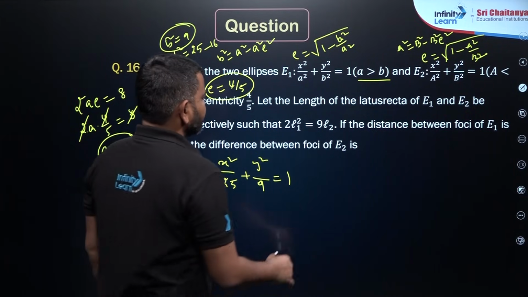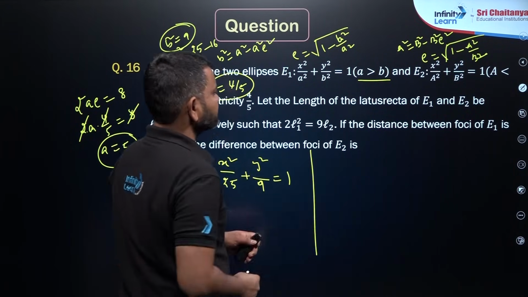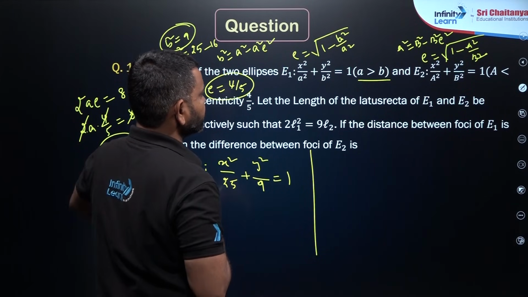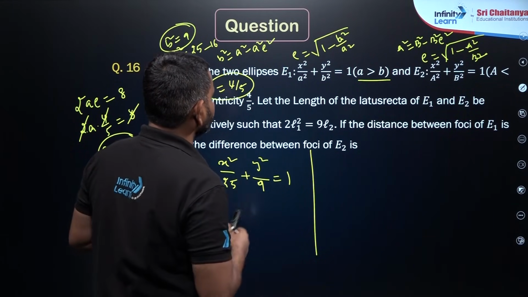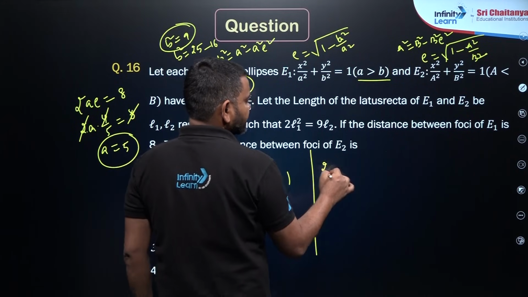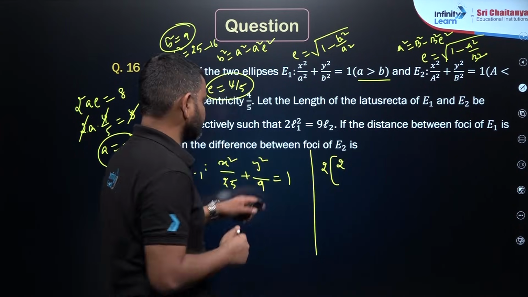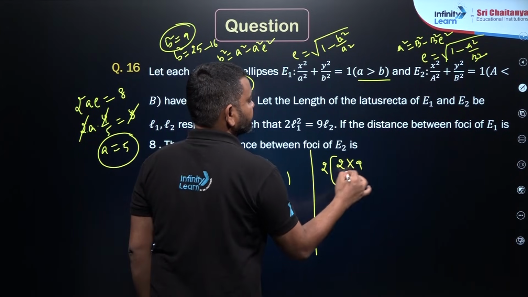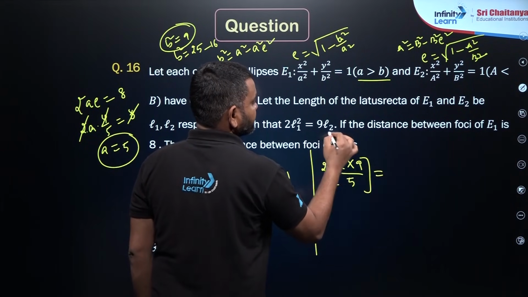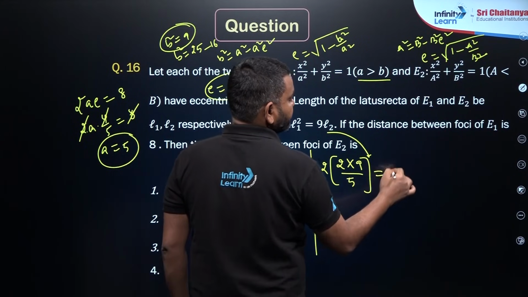Next one we have here is the length of latus rectum. The first one, length of latus rectum, is what? 2b square by a. So 2 is already there. This is 2b square. B square means what? 9 by a, which is 5. This condition I am writing. And 9 times of L2.